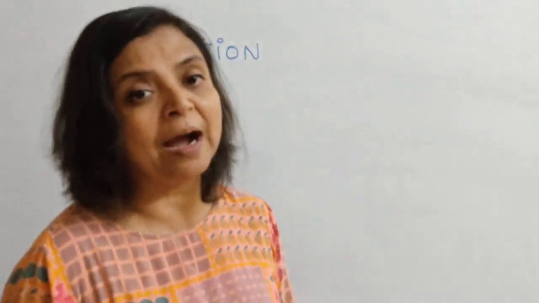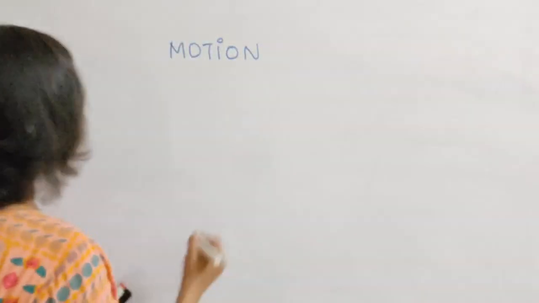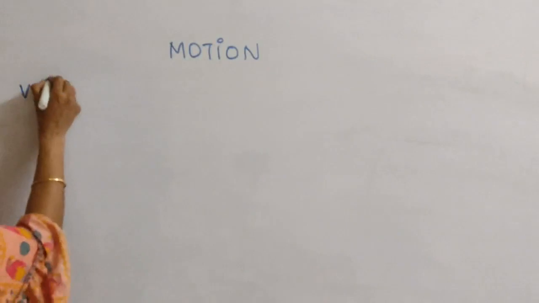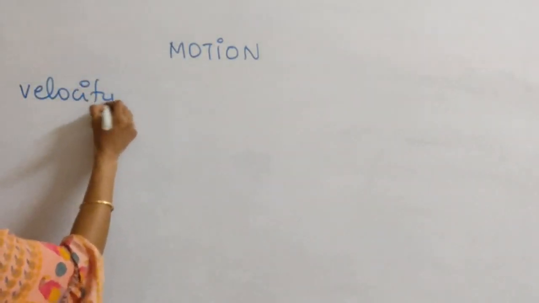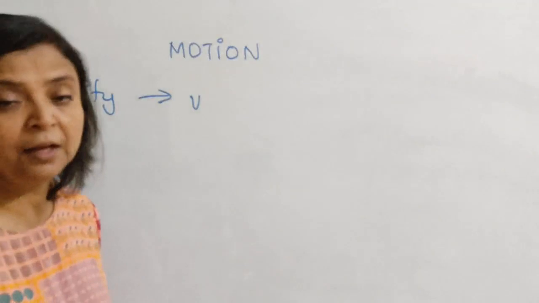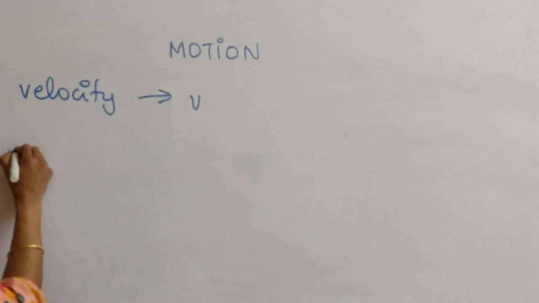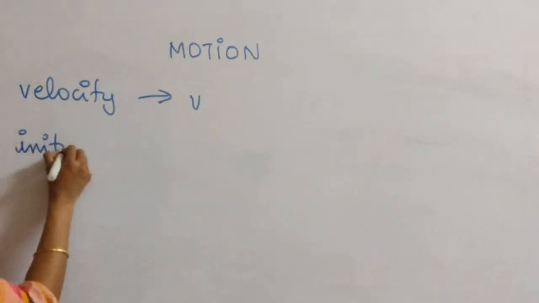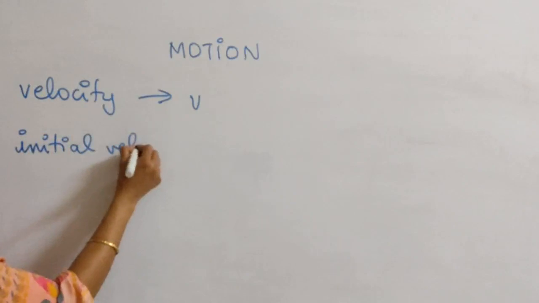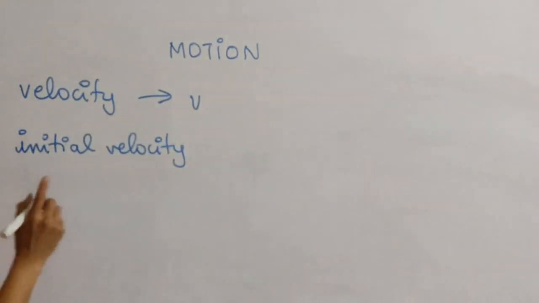So now that we know about variable velocity, we know that there is going to be a velocity before the change and velocity after the change. And we need to use some letters to identify what is what. So in general, velocity is represented as V. However, if it changes, then there will be two types. That is, before the change, initial velocity, and after the change, final velocity.